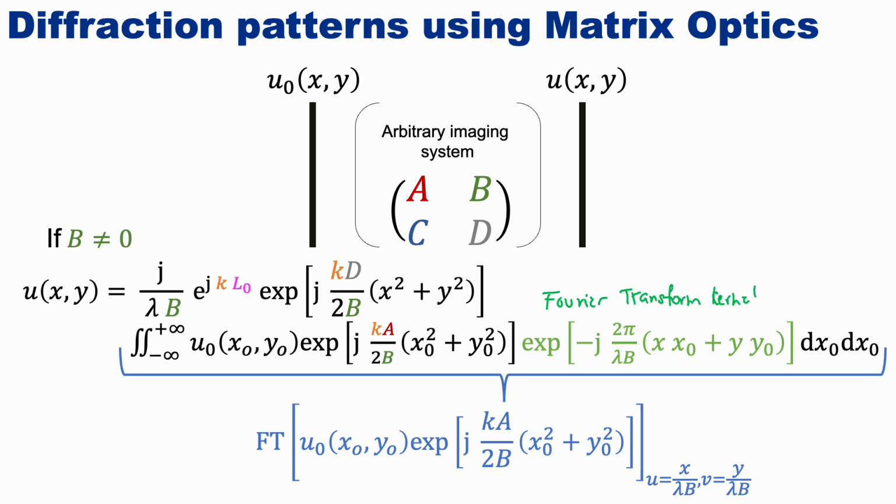So this whole integral is gonna be the Fourier transform of the product of the input with a spherical waveform, which is gonna be at the end the convolution of the input spectrum scaled with a quadratic phase factor as another quadratic phase factor. The Fourier transform of another quadratic phase factor also with the same scaling.